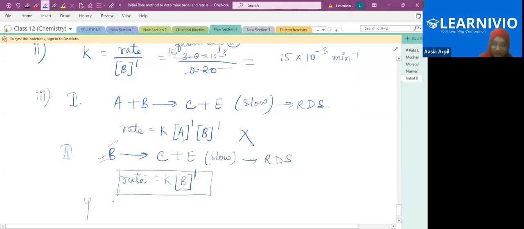So yes, this is consistent with the given reaction. Okay, is it clear now?